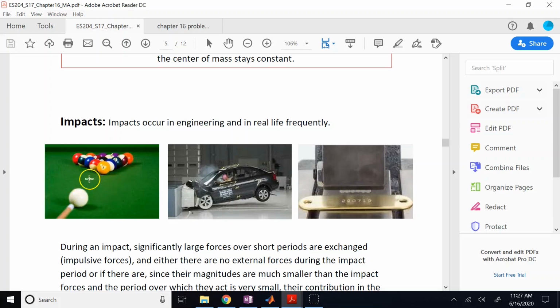And if you look at the surfaces of the balls due to impact, you don't see much deformation unless you use a microscope or something. You can barely see anything because the objects are too rigid and they don't deform easily. Or it's something like this case, or this one. One or both of the objects are significantly deformed. So what's the difference between these two? Naturally, if we just want to think intuitively without getting too much into formulas.